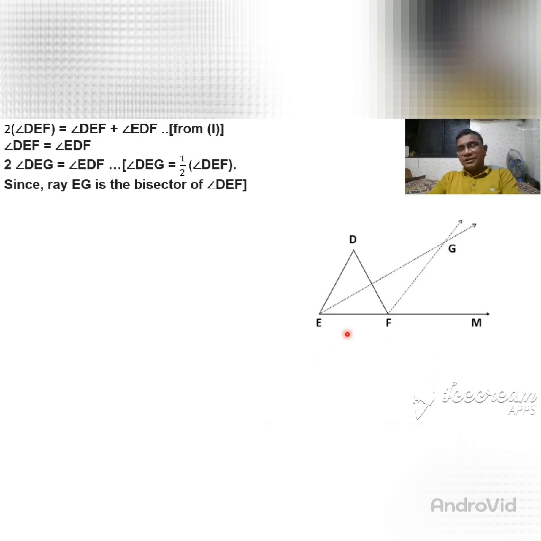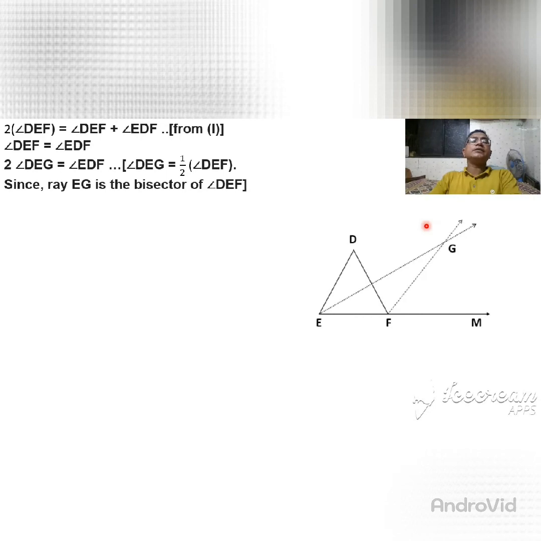So 2DEG. Why 2DEG? Because EG bisects angle DEF. So you get 2DEG, and I write here 2DEG is equal to EDF. Why?